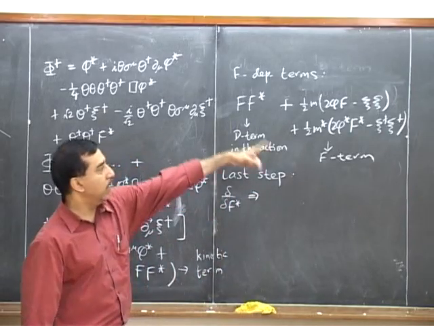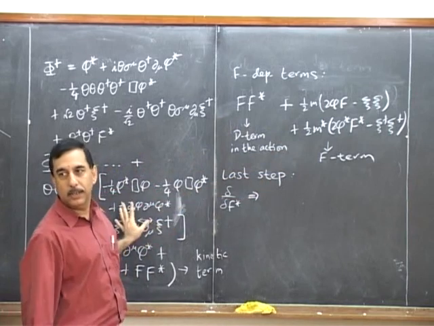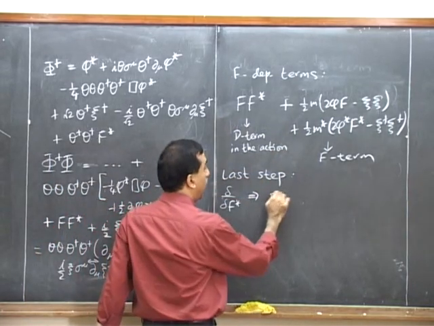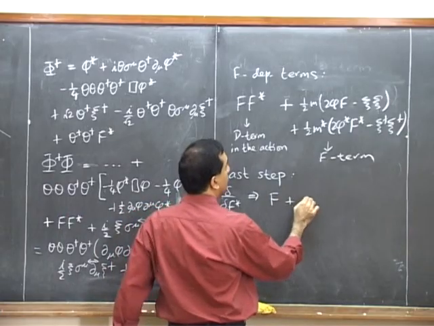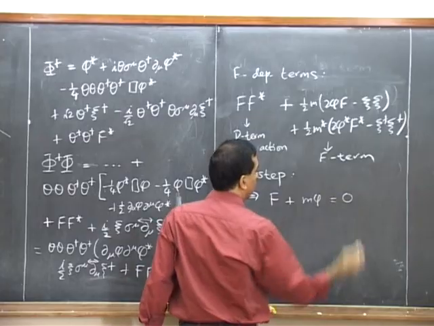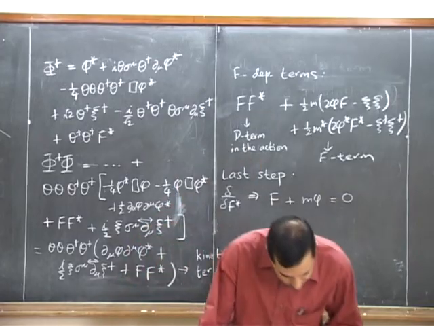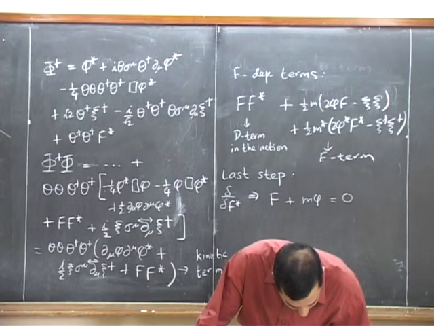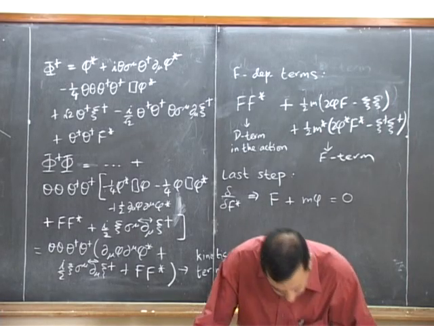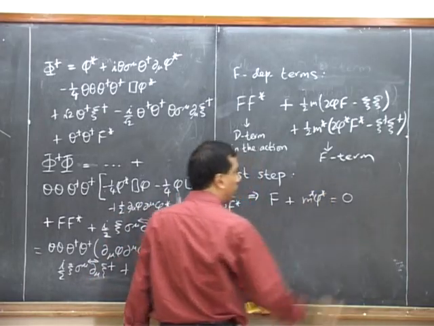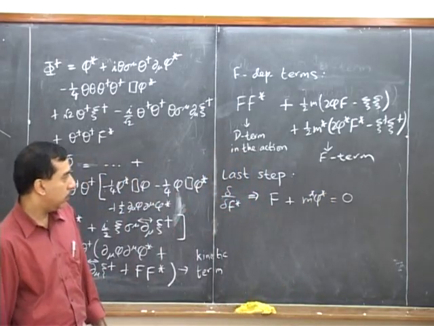Remember, there are no other terms in f except the ones I've written. All the others that I haven't written are terms in phi and psi. This tells me that f plus m phi is equal to 0. As simple as that, if I've got my conventions right. Actually, it should say that f plus m star phi star equal to 0. Thank you.